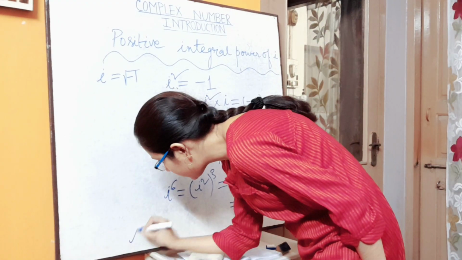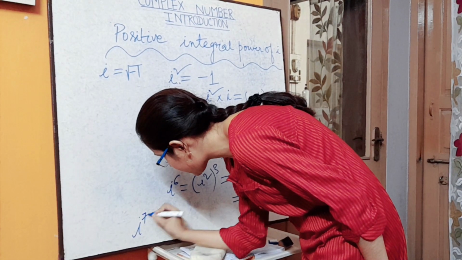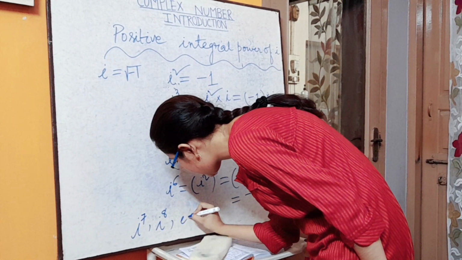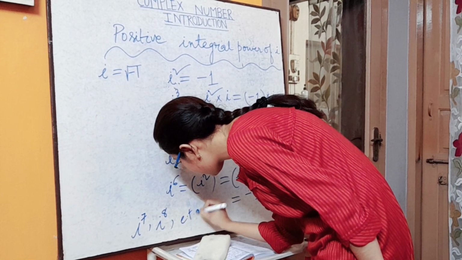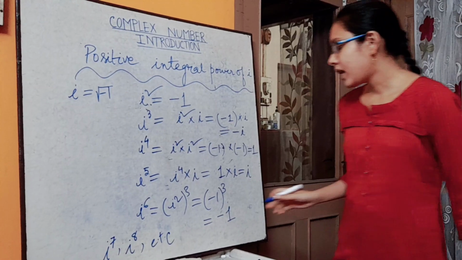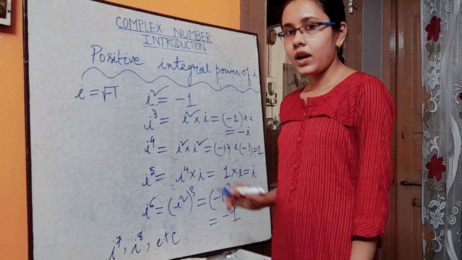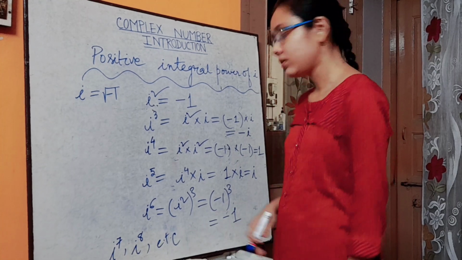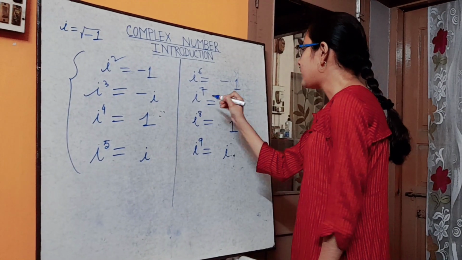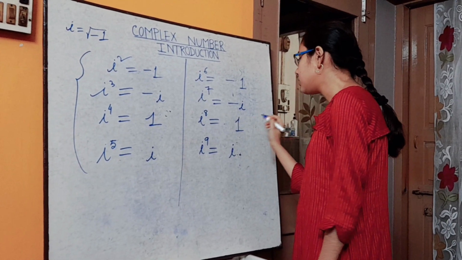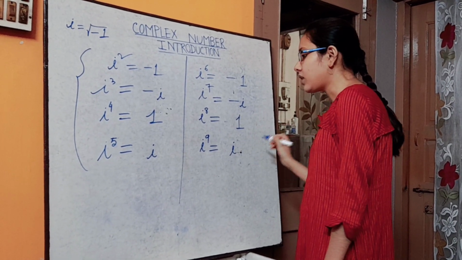Now you will find i to the power 7, i to the power 8, etc. If you want to find these, you can pause the video and find the values. i to the power 7 is equal to minus iota, i to the power 8 is equal to 1, i to the power 9 is equal to iota.